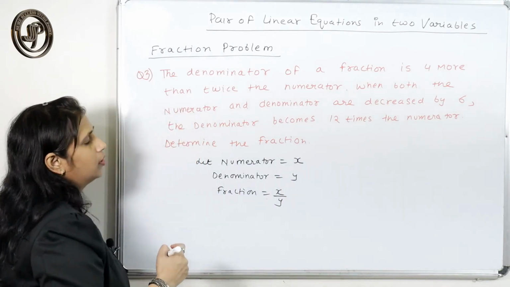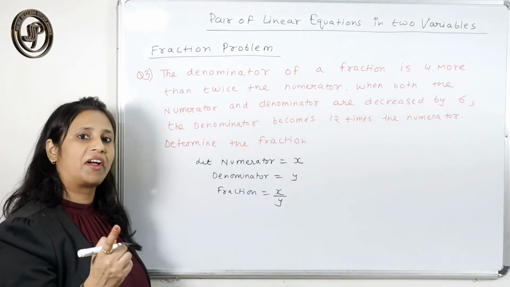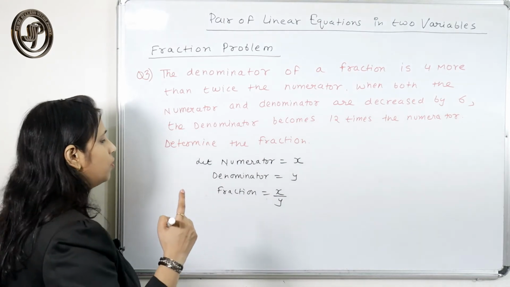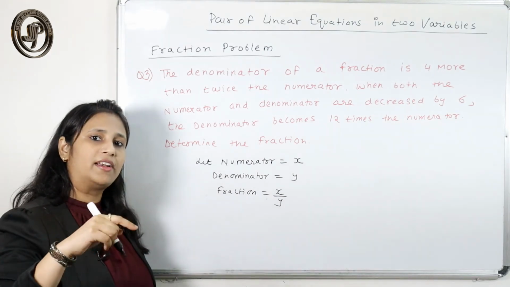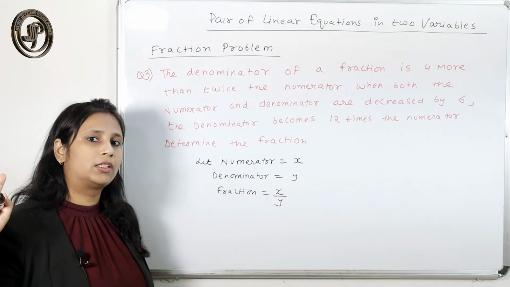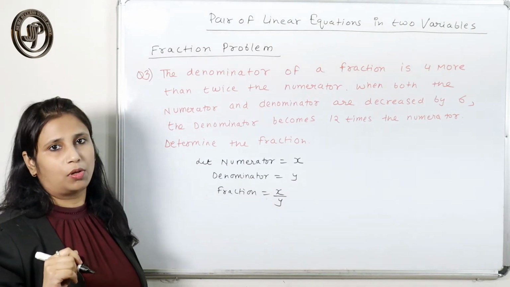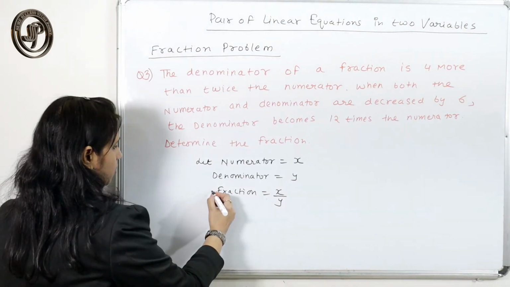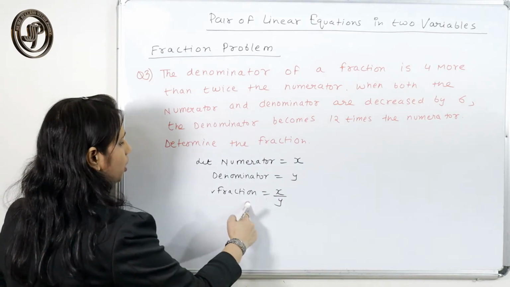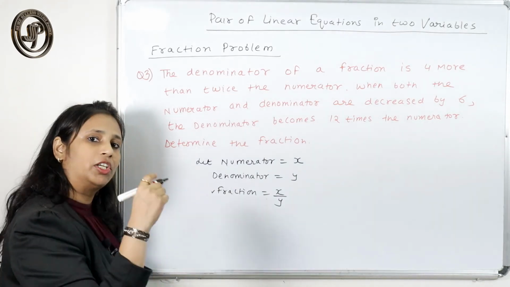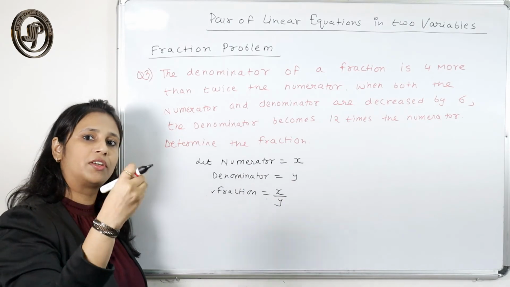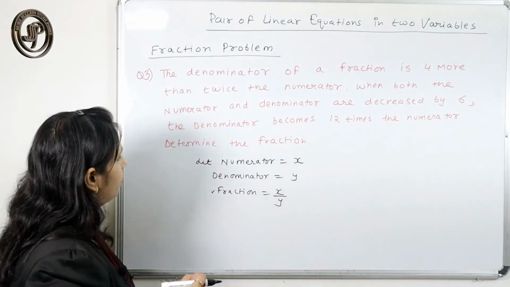If it is asked in the question to find the fraction, and you leave your answer as x is equal to this and y is equal to this only, then you may lose your marks, because you have to mention the answer as the ratio of x and y.